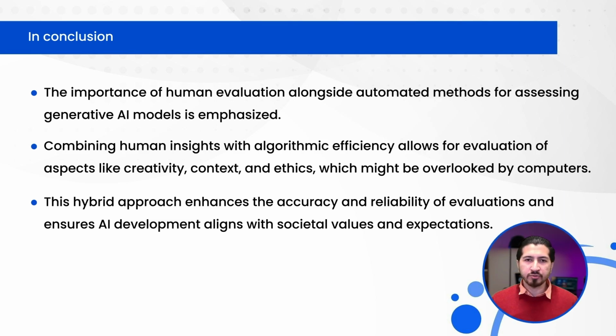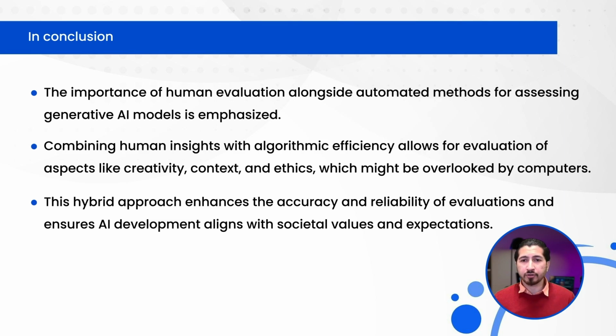By combining human insights with the efficiency of algorithms, we can assess aspects like creativity, context, and ethics that computers might miss. This approach not only makes evaluations more accurate and reliable, but also ensures AI is developed in line with our values and expectations as a society.